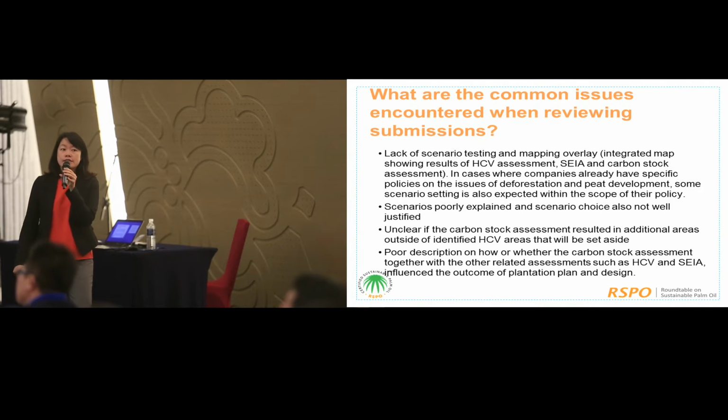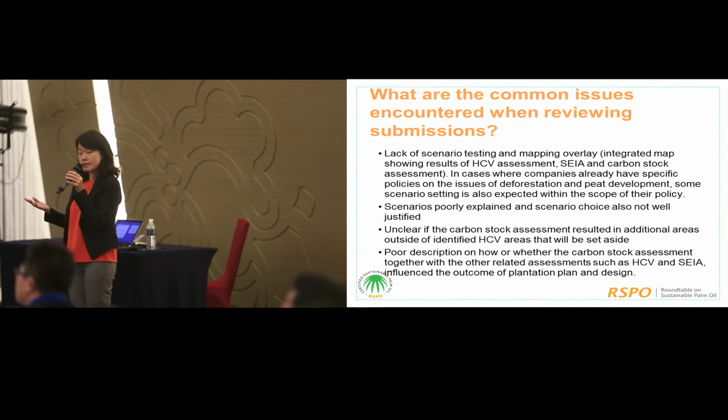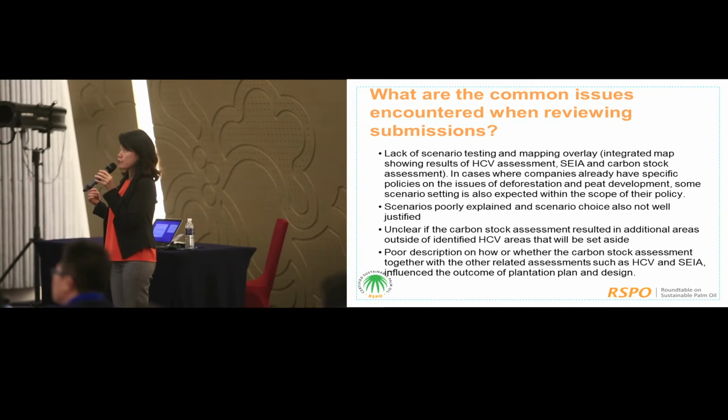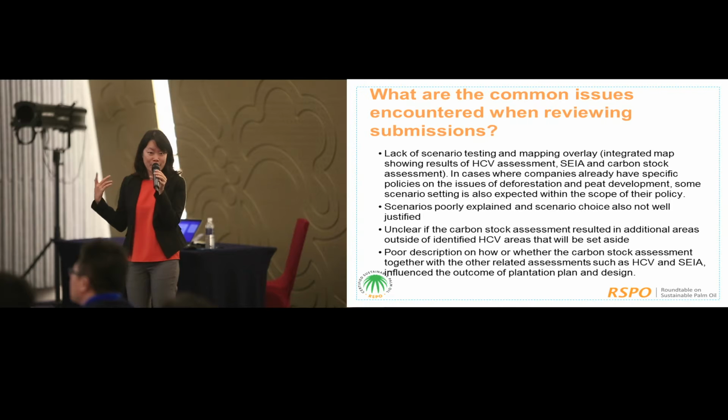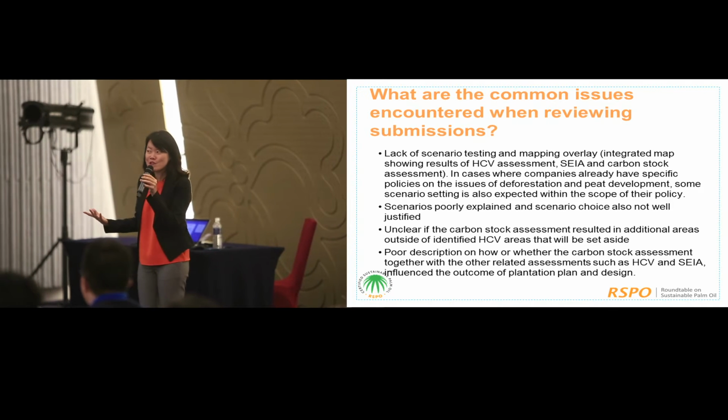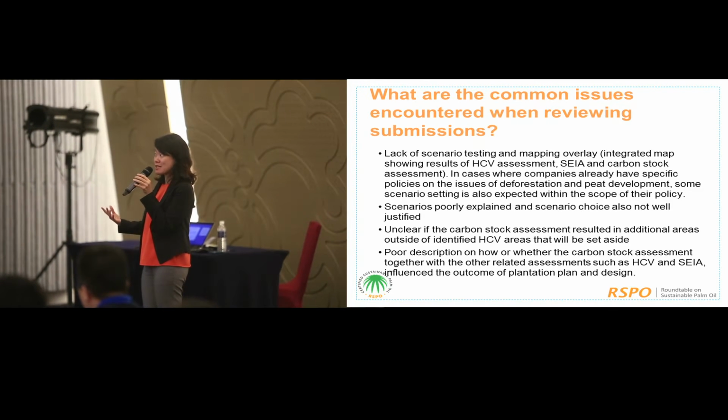And then also there is a lack of scenario testing and also an explanation of scenarios and why. So we are going to provide more examples in the greenhouse gas assessment procedure update, like what do we mean, this is what you do, in a more step-by-step way. Hopefully it becomes clearer.